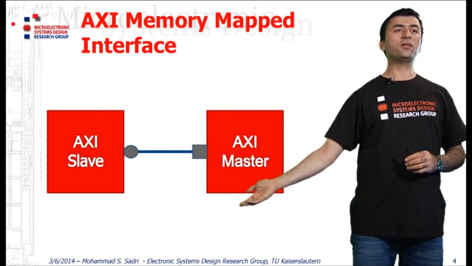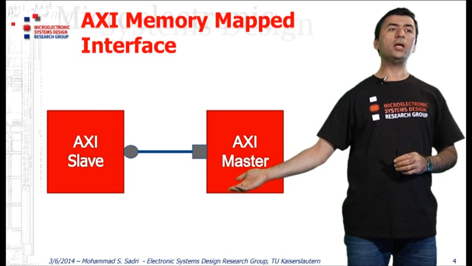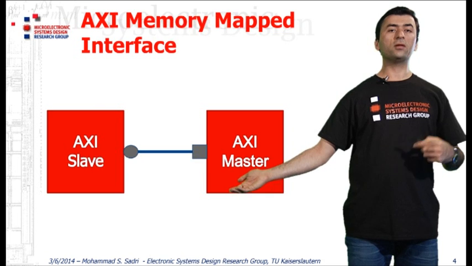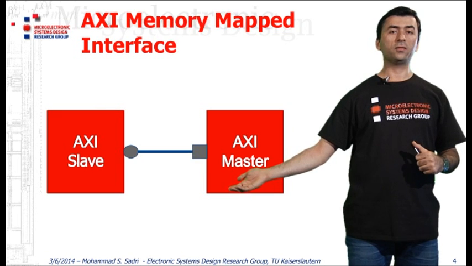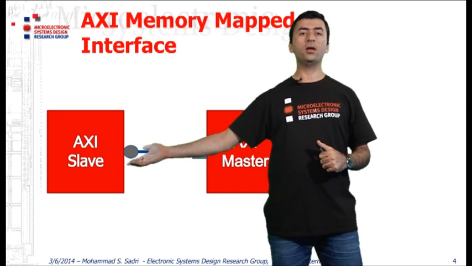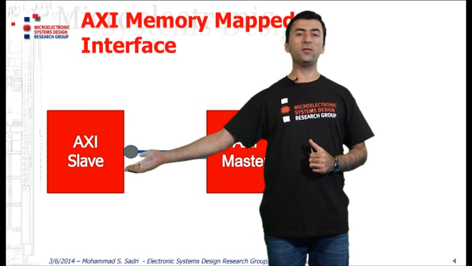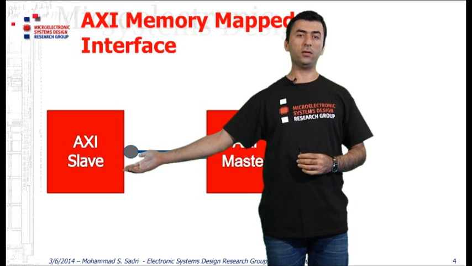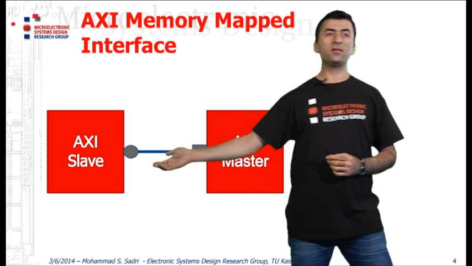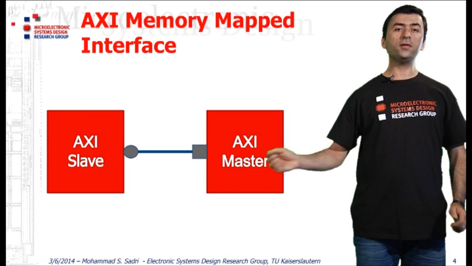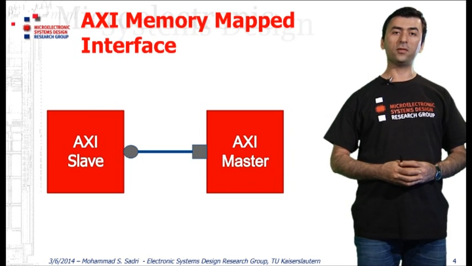The AXI master is the one who initiates transactions. It begins read or write transactions. The AXI slave is the one who responds to the transactions initiated by the AXI master. The transactions can be either read or write. They are always initiated by the AXI master.